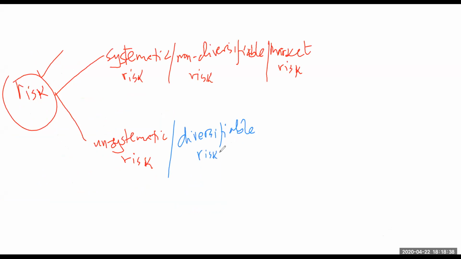Since as an individual investor you can do away with that risk, you can diversify the unsystematic risk, the market is not going to give you any return if you expose your investment to the risk, because we are assuming that you are a rational investor.